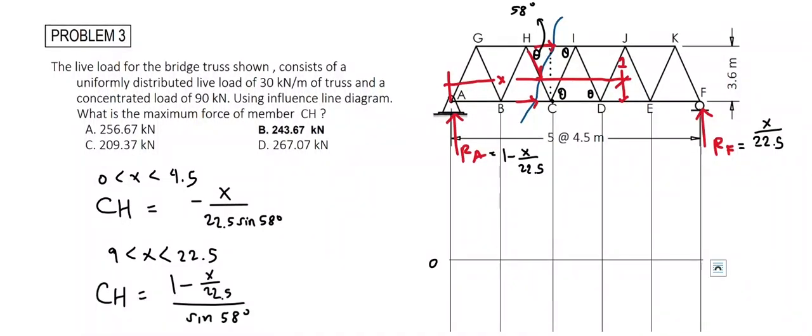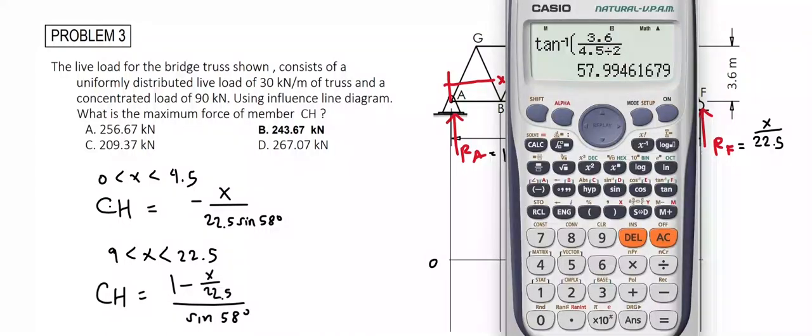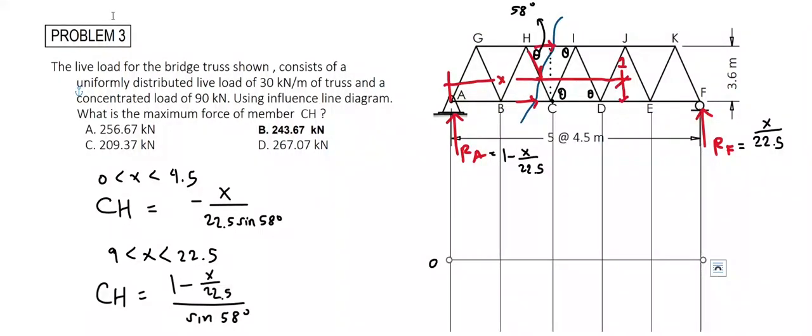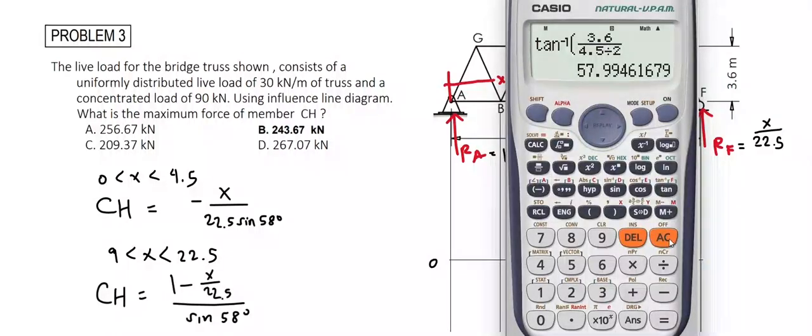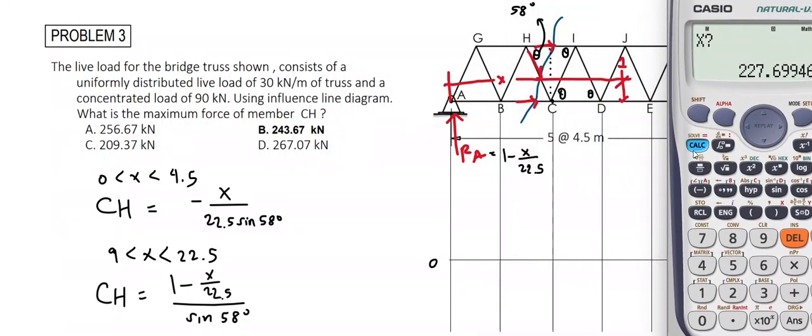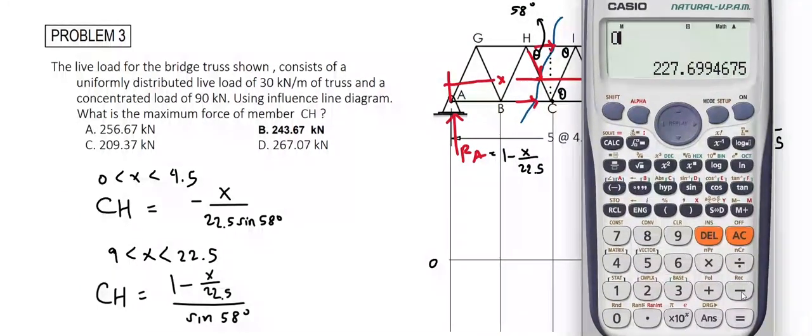For the next step, we begin plotting the points in our influence line diagram, the force experienced by CH. Using this equation to plot the points between 0 and 4.5, CH equals negative X over 22.5 times sine of 58 degrees. At X equals 0, CH is equal to 0.